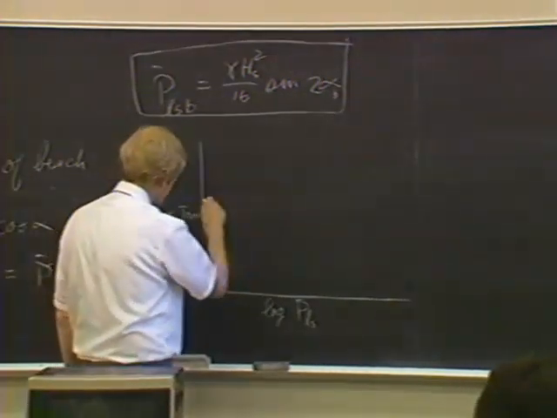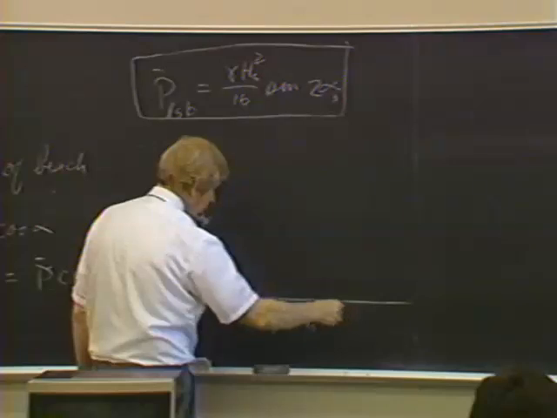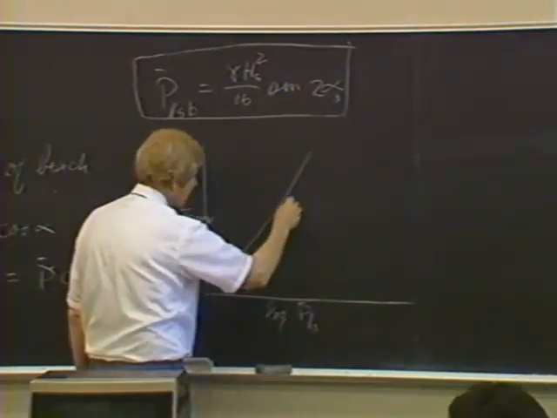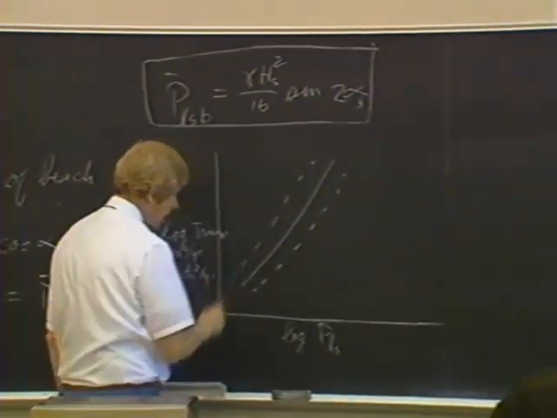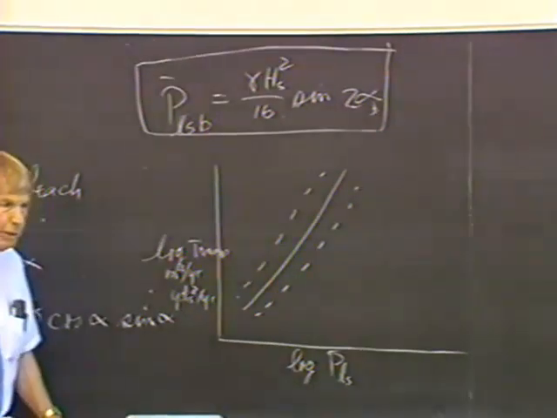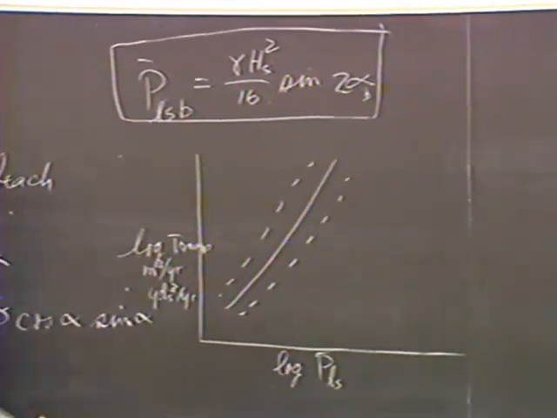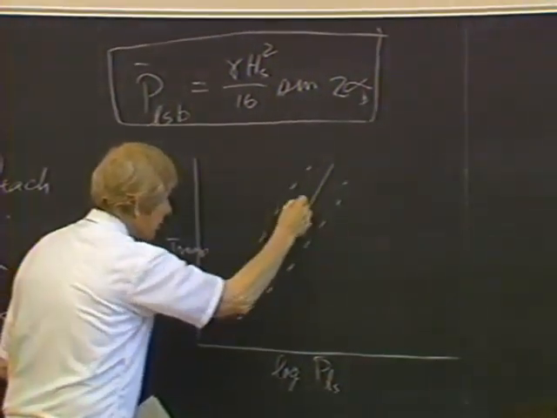It's on the log scale, and it's about three orders of magnitude on each side, and the data plot as a nearly straight line with about a plus or minus 50% range on either side. Now, before we go on, I'll have to tell you how these data are obtained.